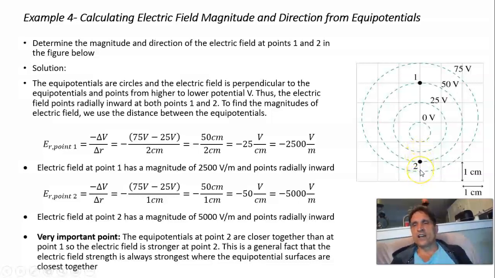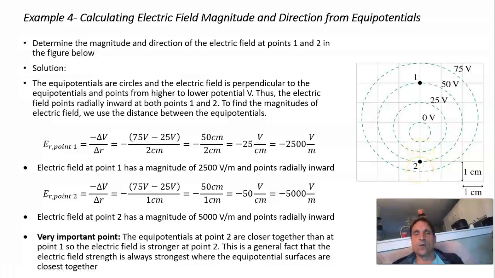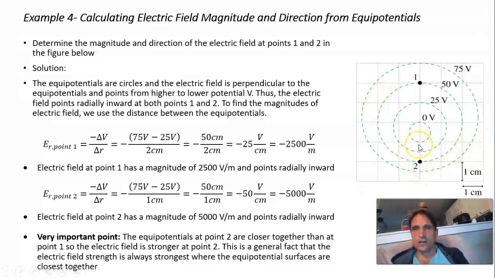In this case it changes by 50 volts over a distance of 1 centimeter, I'm sorry, 50 volts per centimeter, because you're going from 75 to 25 as we go from this to this.